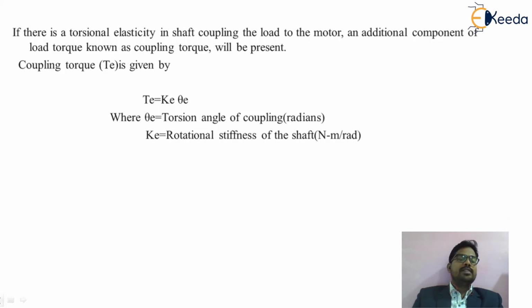Along with that, a very important factor is called coupling torque. That torque is due to the torsional elasticity in the shaft coupling to the load of your motor. The additional component of the load torque is known as the coupling torque, and it is present when there is torsional elasticity in the shaft coupling load.